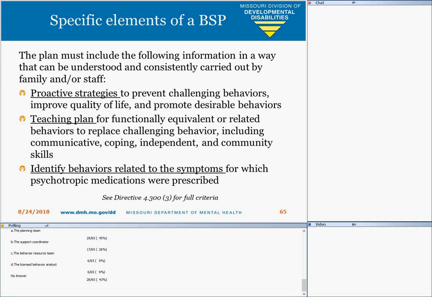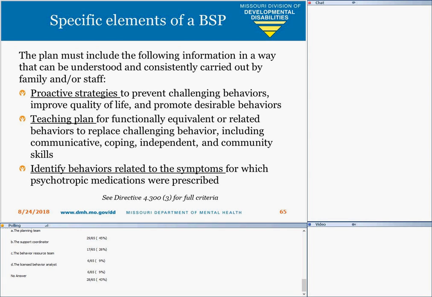So this could include communication skills. It could include things to help the person get through a problem situation like loud noises or angry roommates. It includes things that make the individual more independent and develop community skills so they can be more successful in their life. That's part of quality of life.